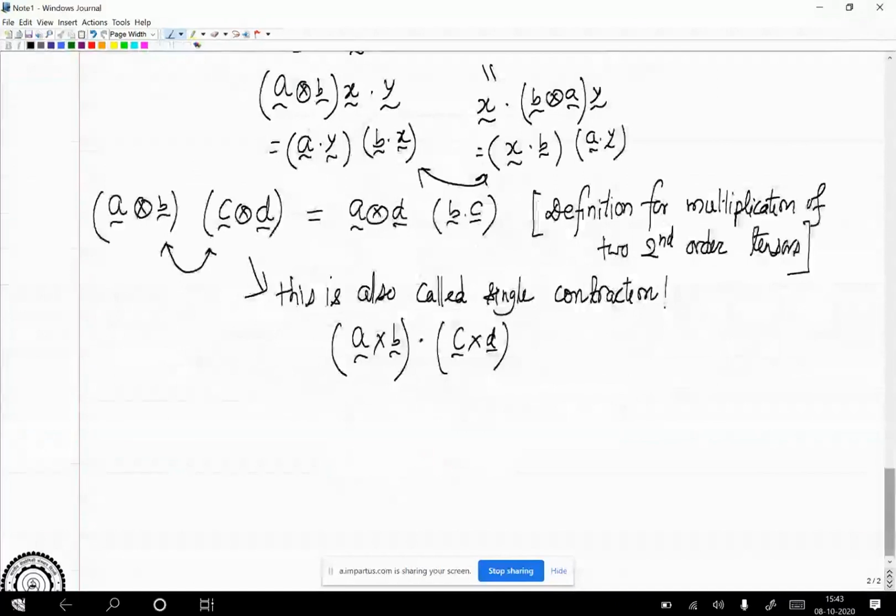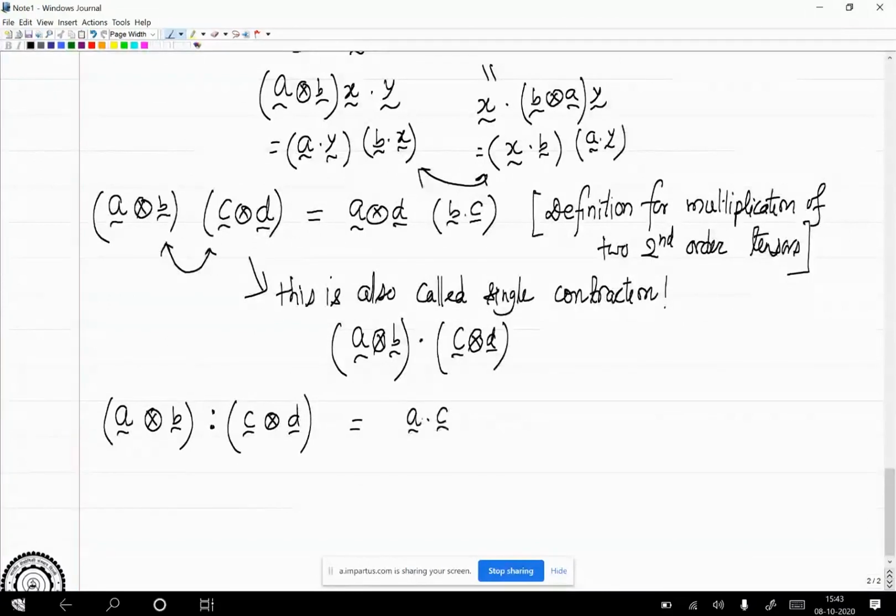Then there is also what is called double contraction. In case of double contraction, the definition is the following. Double contraction is written like this, with a colon. And the definition is A dot C into B dot D. That's the definition, and we call it double contraction.